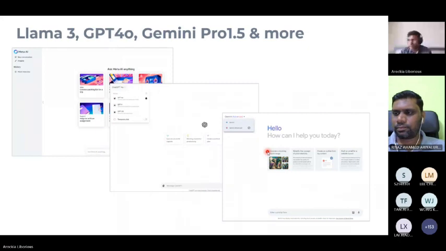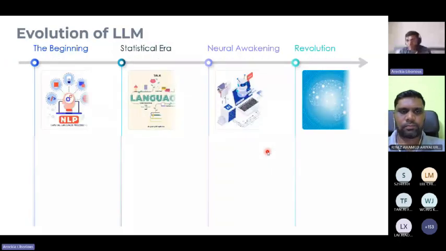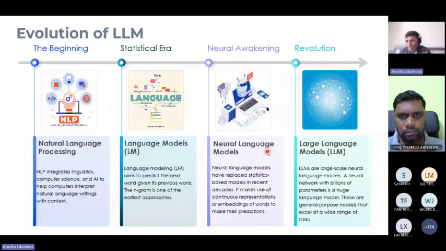Okay. So now we'll see a little bit around how these large language models have evolved over a period of time. Of course, the beginning is natural language processing. What happened in this stage was people wanted to use machines to understand human language.